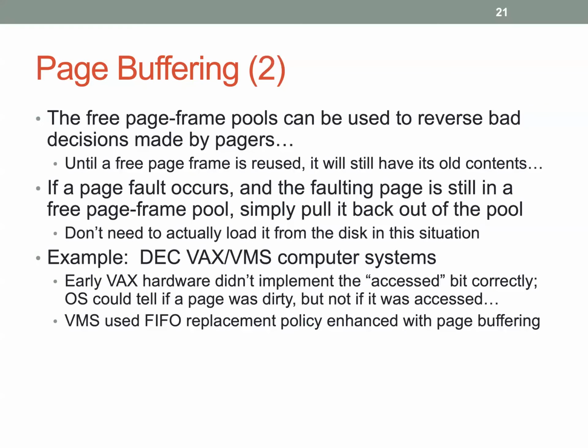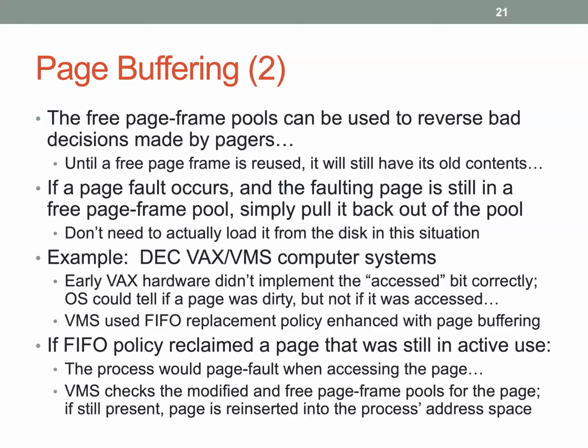So the MMU had a bug in it, a hardware bug. So VMS didn't have access to depend on, so it just used a FIFO policy. So when I get a fault, I'll load the page, I'll put it into a queue, and then it used page buffering to give pages a second chance. So that's how VMS solved this hardware deficiency that existed in certain VAX processors.